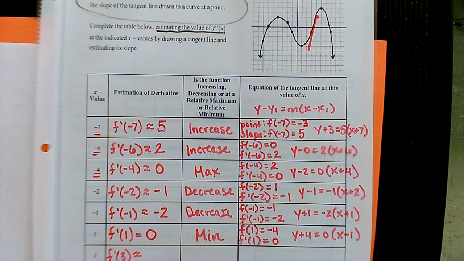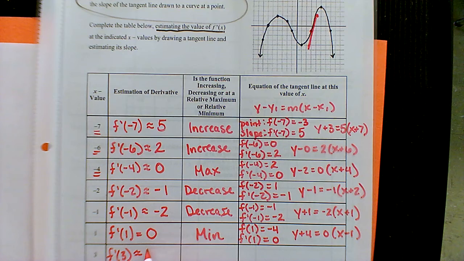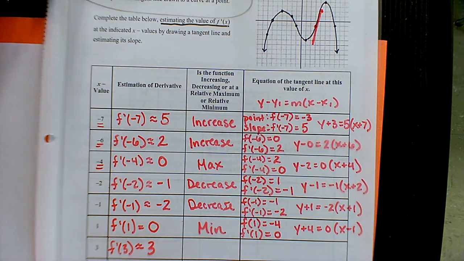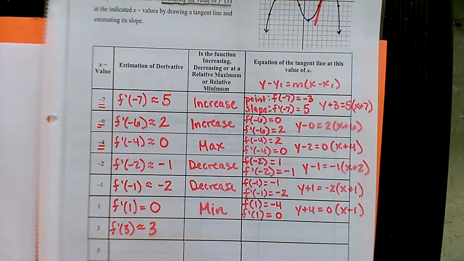Does yours look like about 3 maybe? Up 3 over 1? Close to that? Okay, so we'll say our estimation is 3. If we were tracing the graph, our pencil would be going up at that location. So we are increasing.